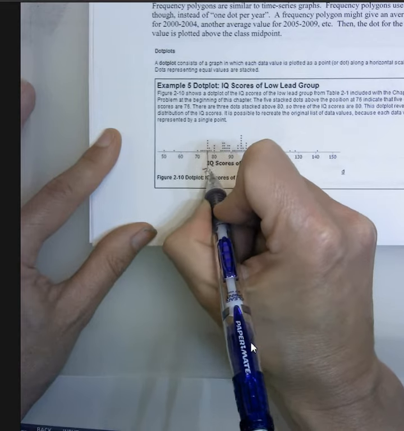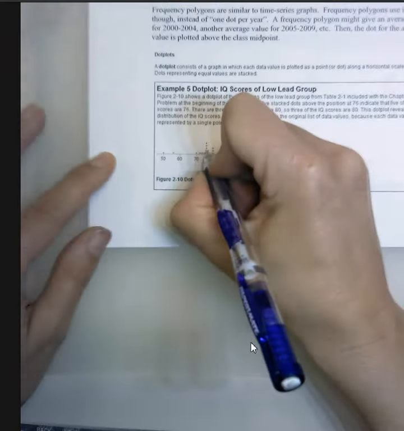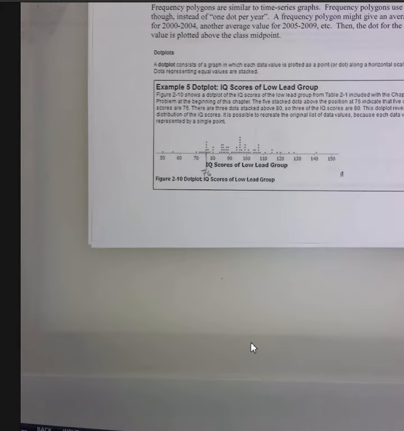And we see 5 dots. That just means there were 5 people that had an IQ of 76 in that group. The first time they came across 76 in the data, they put 1 dot. The next time they came across 76, they put that dot right above the first dot. So it ends up being about like a bar graph, just using dots instead of bars.